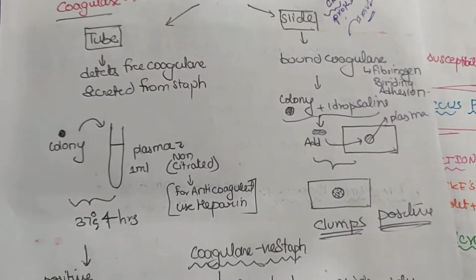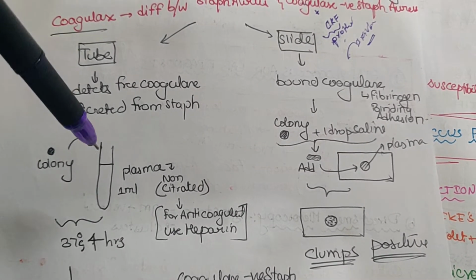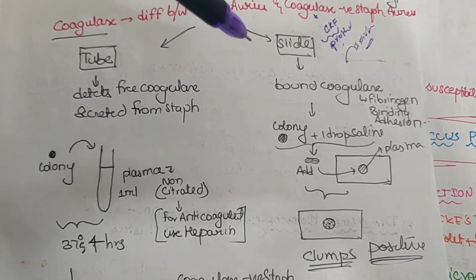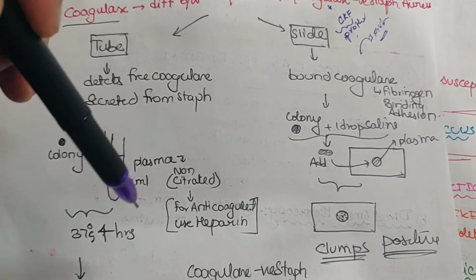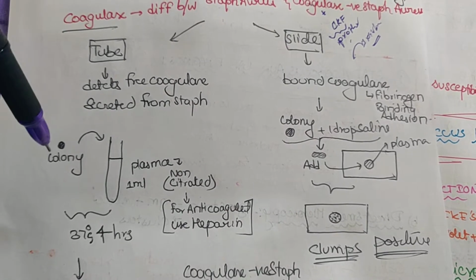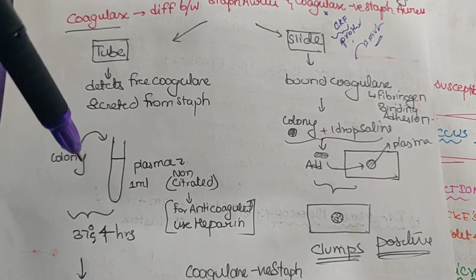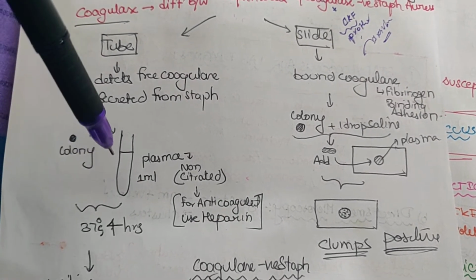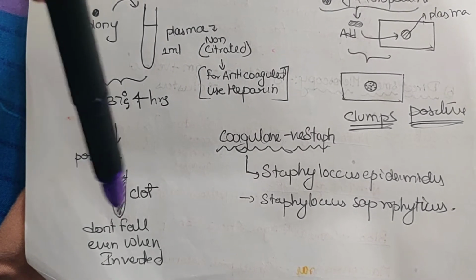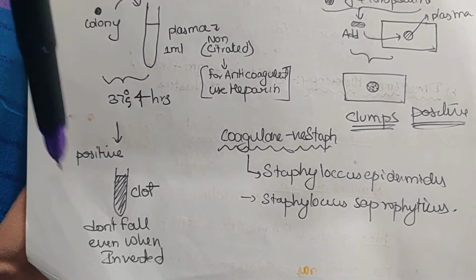So what happens is, in tube coagulase we take a test tube, and generally we collect the plasma and dilute it 6 times, and we take 1 ml of that diluted plasma and add 1 colony of Staph aureus and mix it, so that after 4 hours at 37 degrees, if you see a clump or clot that doesn't fall even when the tube is inverted, it is called positive.